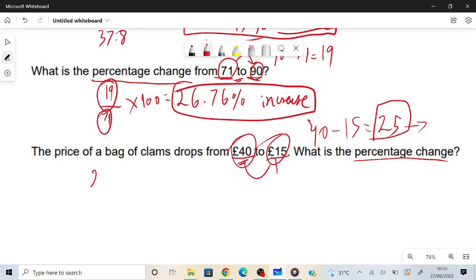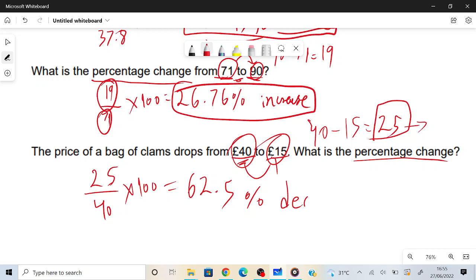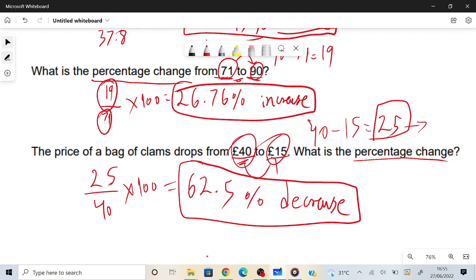So you do 25 over 40 times 100. And doing that in your calculator, that should be 62.5%. And this is a decrease because the price drops from 40 to 15, and that is your final answer for that question.